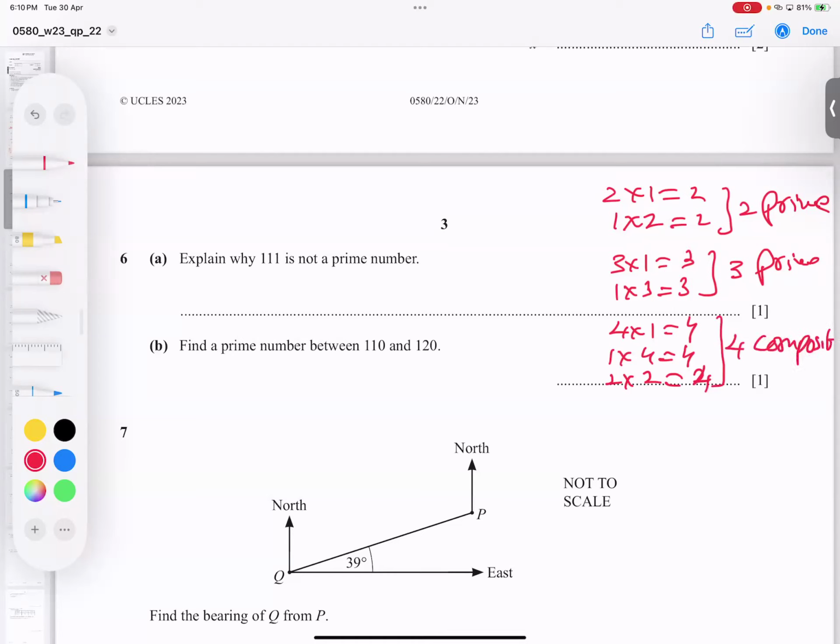Okay, so now we have to check it and show common sense. 111 into 1 is the same answer, and 1 into 111 is the same answer. Now I have to show any one number which is a factor. So we will check 111 divided by 3. If I divide this by 3, 3 threes are 9, 21, so 3 sevens are 21.